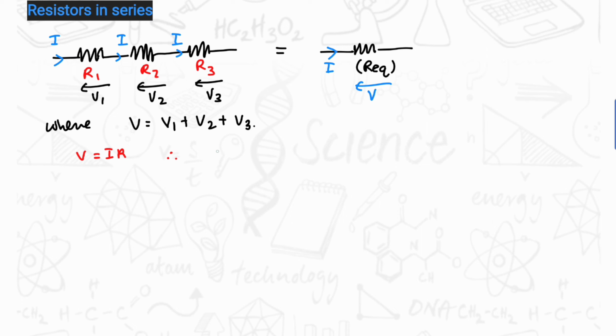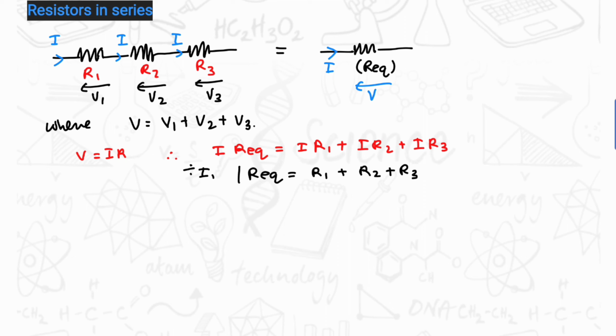Therefore, we can write V is equal to I REQ, and V1 is equal to I times R1, and V2 is I times R2, and V3 is I times R3. Since I is common for both the sides, we can just divide it by I. Then we will get the equation REQ is equal to R1 plus R2 plus R3. And this is how we find the equivalent resistance of a series resistor network.